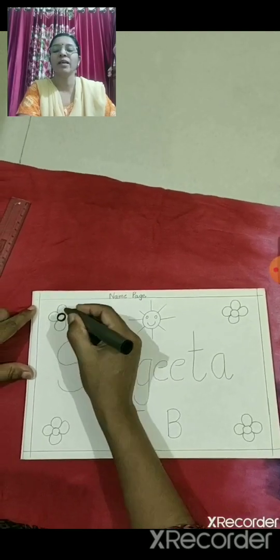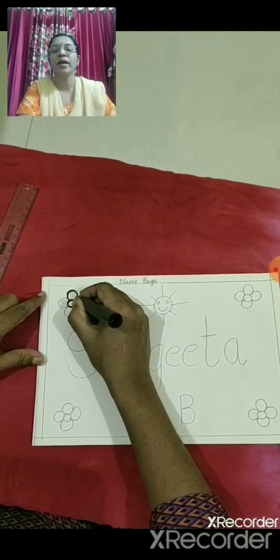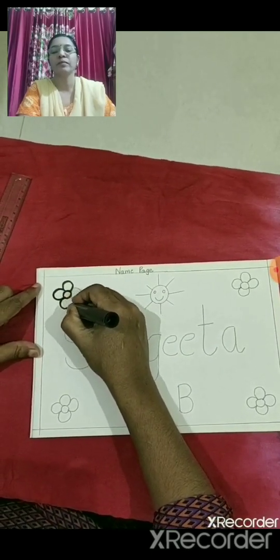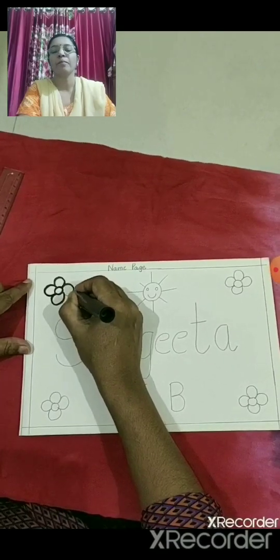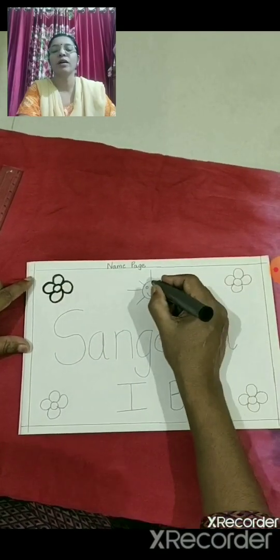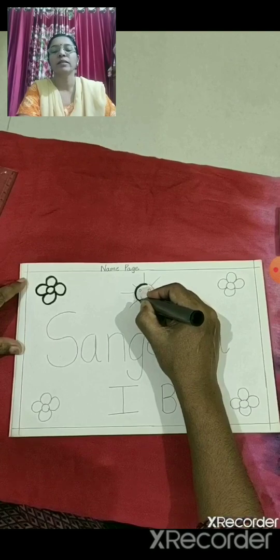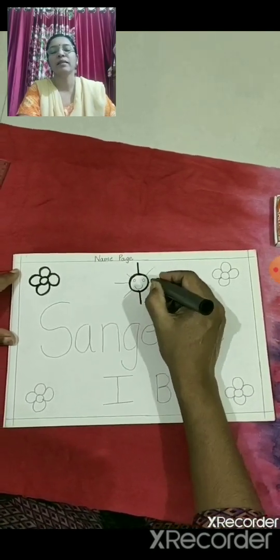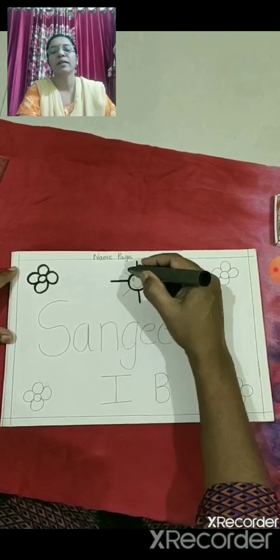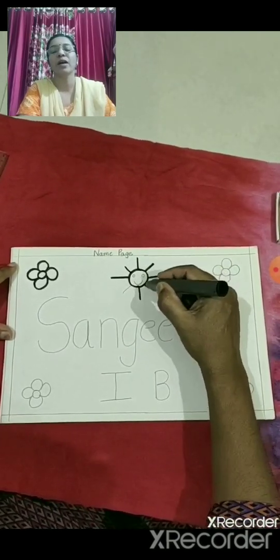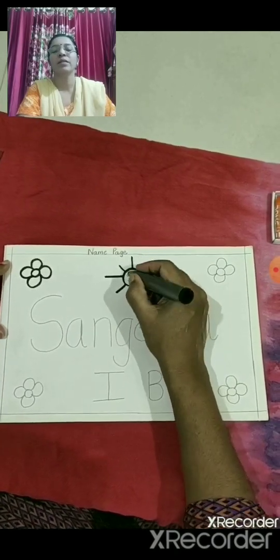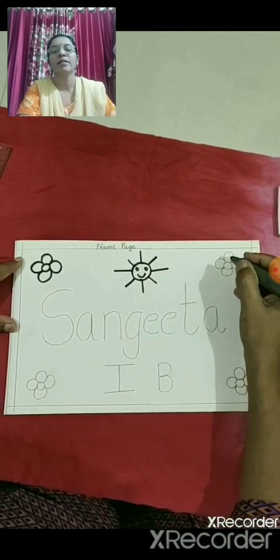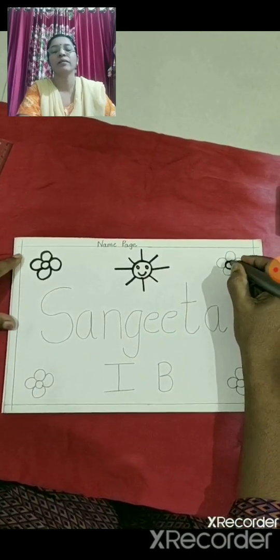Now on that I'm going to give the outline with the black sketch pen. So I'm going to give the outline for the flower and to the sun. Yes. Okay. Now our sun outline is completed. Now another flower.